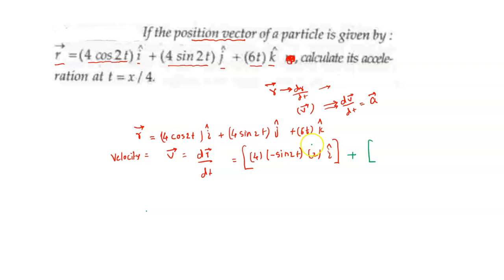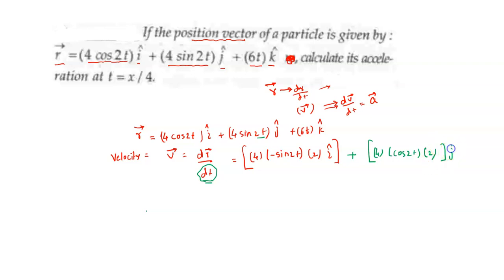Sine theta becomes cos theta in the differentiation, so 4 as it is, cos of 2t multiplied by the differentiation of 2t, which is 2. Remember, we are differentiating with respect to t.